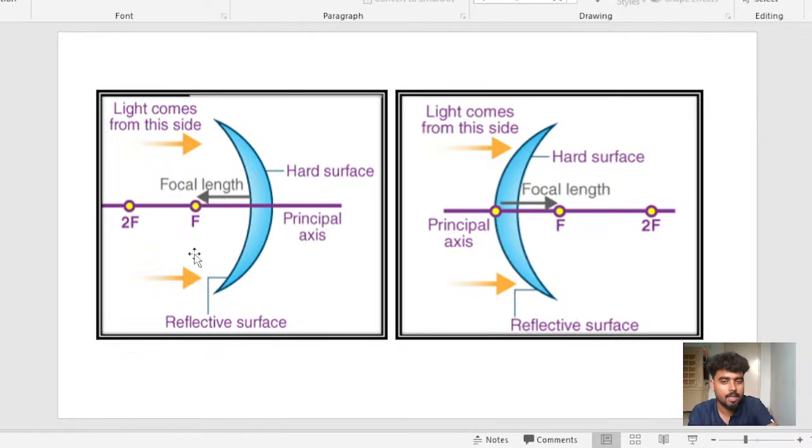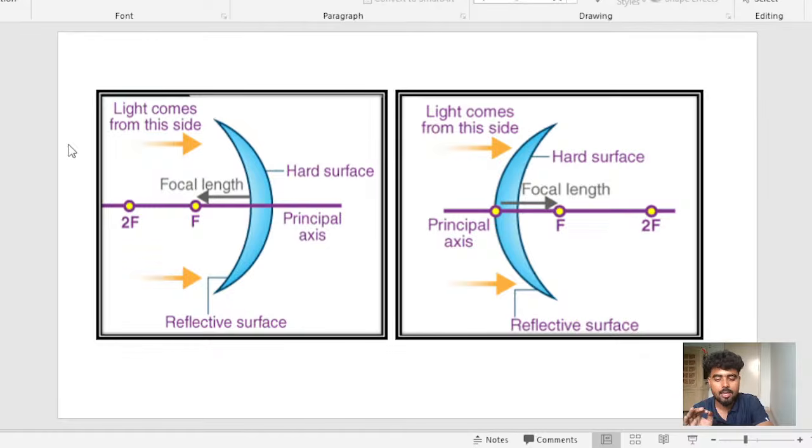One focal length plus another focal length is equal to the radius of curvature, so we can write capital R is equal to 2F, two times the focal length.